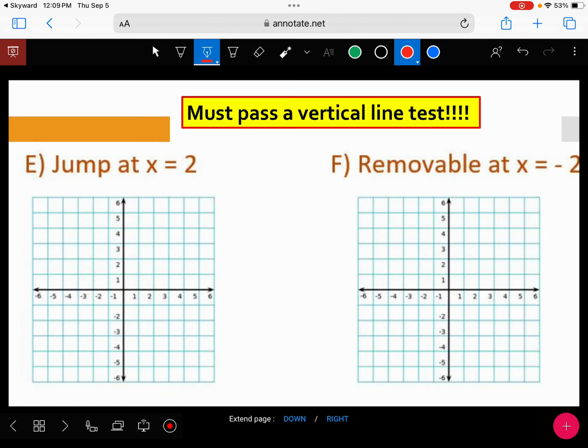All right, let's look at E. Draw an example of a jump. At x equals 2, it has to pass a function test. Jump to removable, fails. This is close. These two.